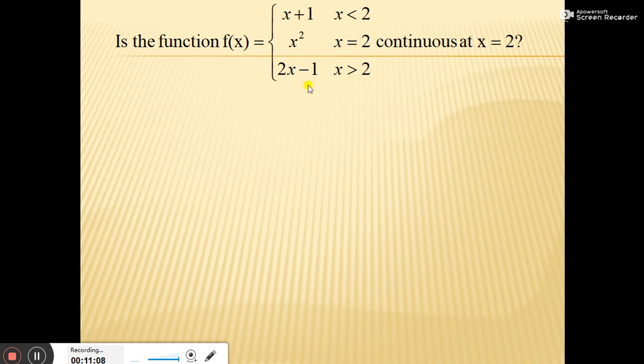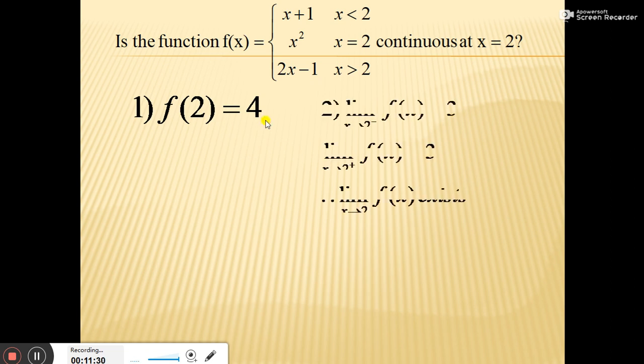And now we take another example. If f(x) is equal to x plus 1 when x is less than 2, x squared when x is equal to 2, and 2x minus 1 when x is greater than 2. Now f(2): substitute the value of x as 2, it means 2 squared, that is equal to 4. And now the left hand limit. In the left hand limit the function is x plus 1, its value is 3, and for the right hand limit the function is 2x minus 1, its value is 3.